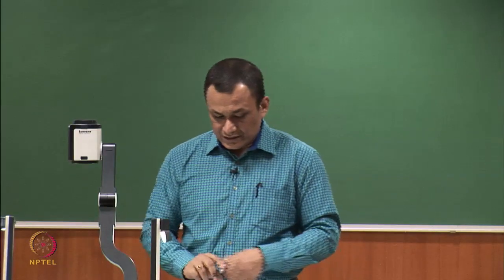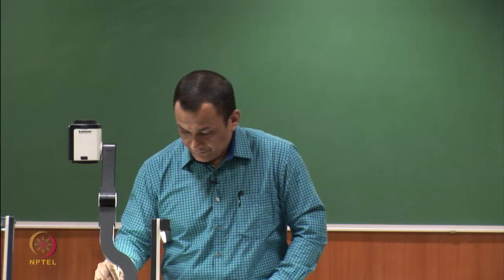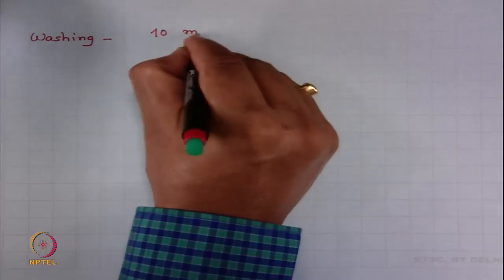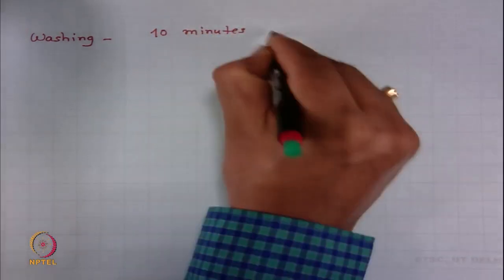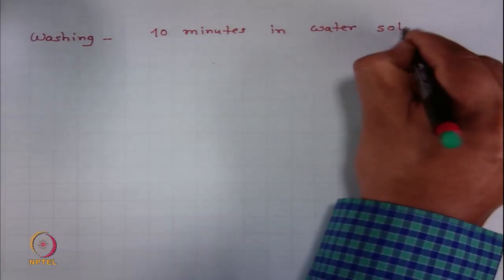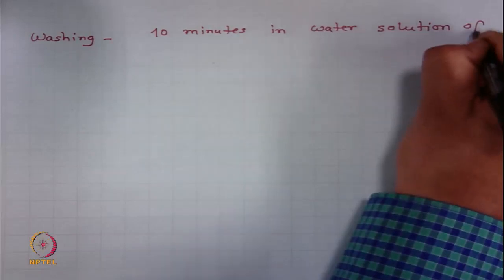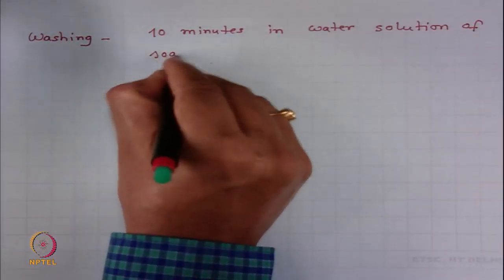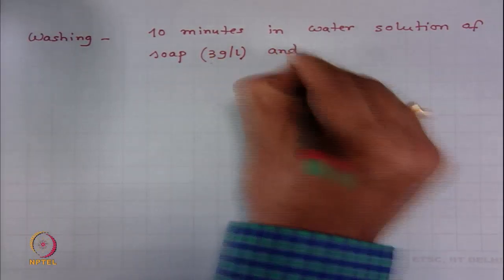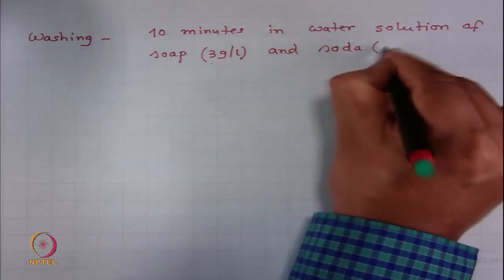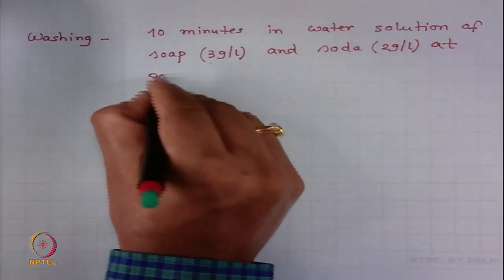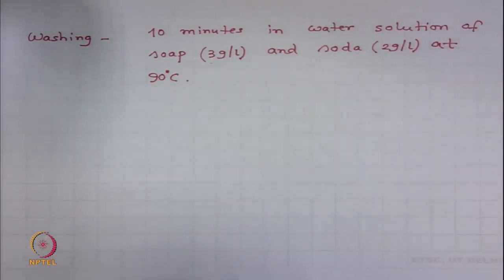How did we wash this? Washing was carried out 10 minutes in water solution of soap 3 gram per liter and soda 2 gram per liter at 90 degree Celsius temperature.